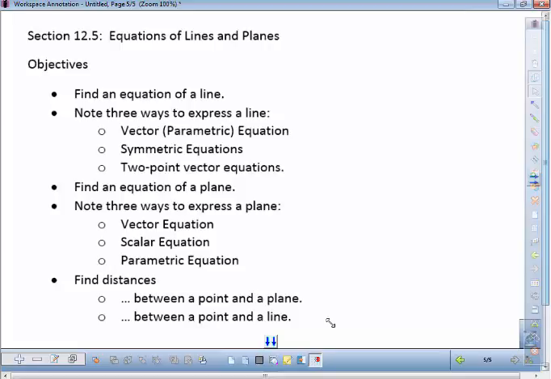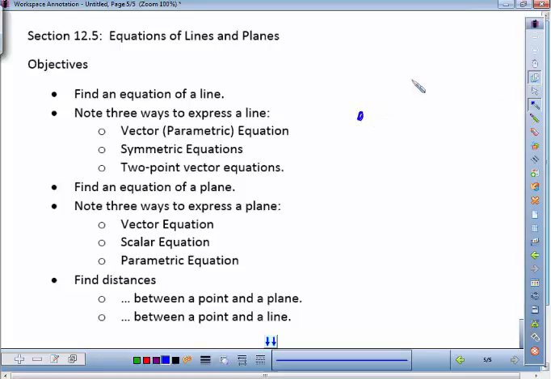So, same idea for lines here, except if you're in 3 dimensions, you can have a well-defined line, and what you would be interested in looking for is a direction vector for your line, and then what you're going to do is you're just going to do a scalar multiplication to hit every single point of that line. And that's how we're going to create our equation of a line.